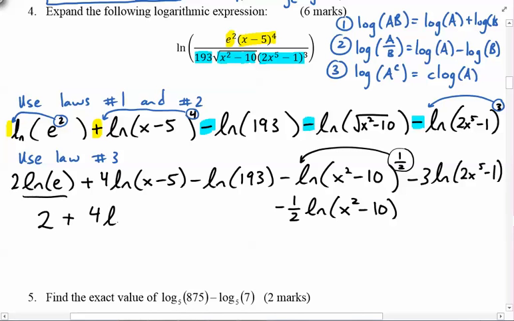Whenever you have a plus or a minus sign inside of a log, you're stuck. You cannot simplify that log anymore. Now to find out if we can simplify 193, we want to ask ourselves, can 193 be written as e times something or e to the power of something?